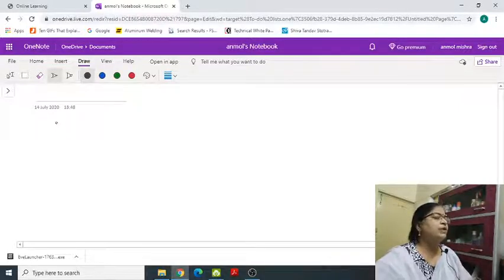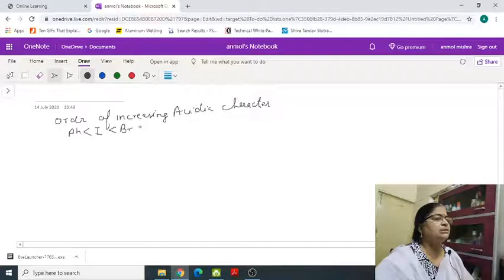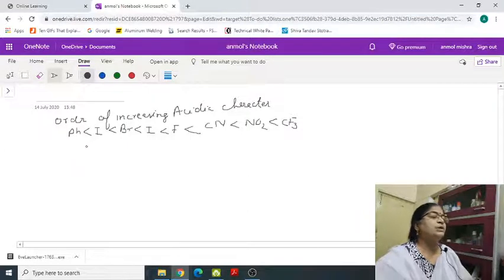This you should learn. In order of increasing acidic character: phenyl group is less than iodide, less than bromide, less than chloride, less than nitrile, less than nitro, and less than tri-substituted carboxylic acid.